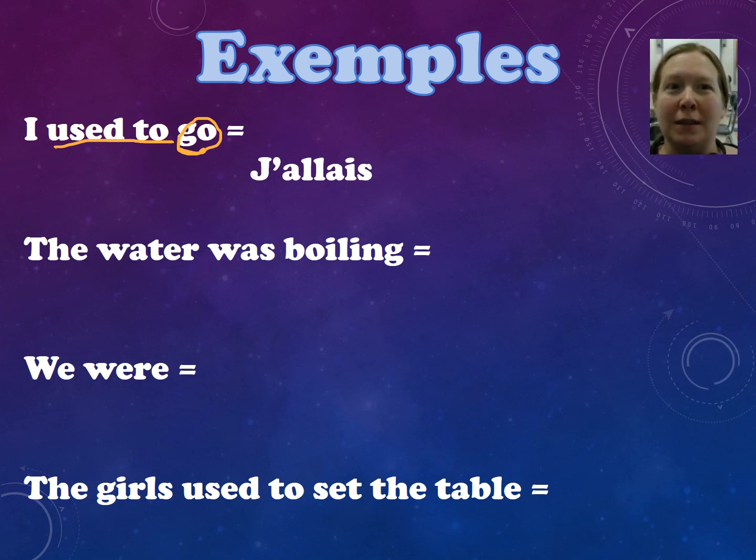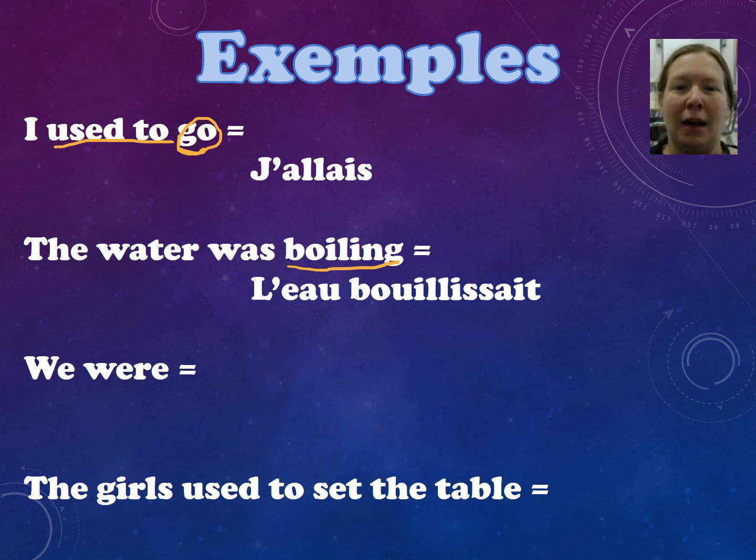The water was boiling. We're in the food unit, so let's talk about boiling water. The water was boiling, so you take the verb boil. The verb to boil is bouillir. We're going to learn that. It's a regular IR verb. So I end up with l'eau bouillissait, all right?